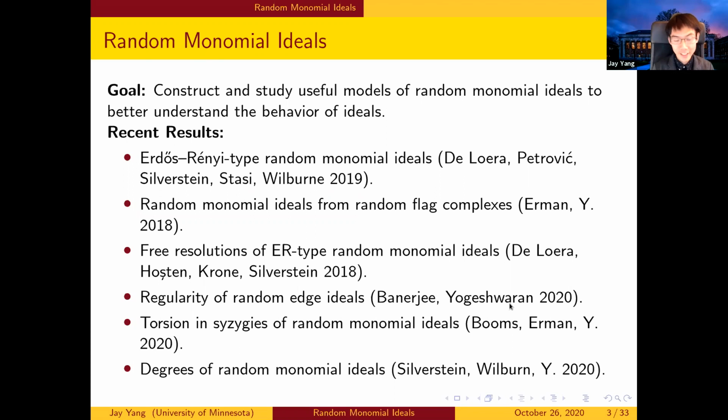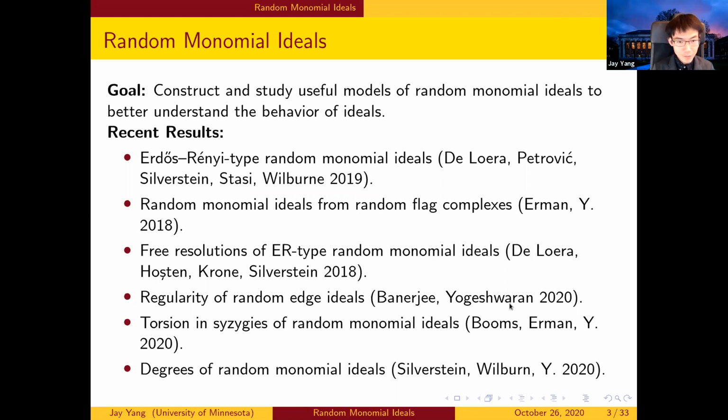And the hope is that their behavior actually models the behavior of generic ideals, not generic in the mathematical sense, but generic in the English sense of a generic thing. So I mean it much more broadly than one might say a generic ideal. But to better understand the behavior of ideals, you want a model of ideals that tells you something about ideals.